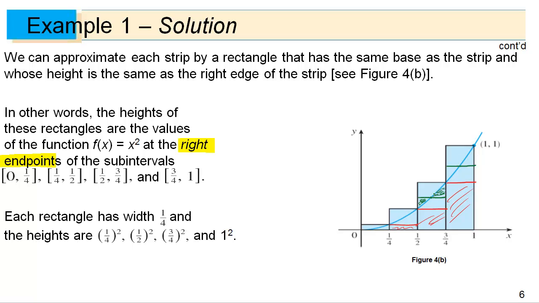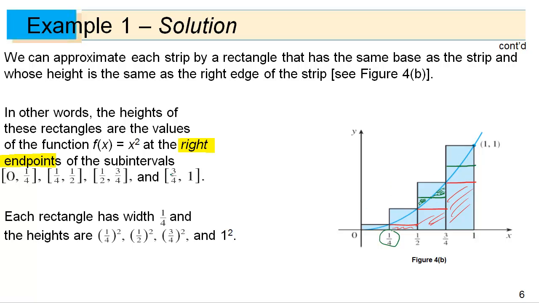So we'll stick with the simple one for now, and we'll look at what happens with right endpoints and left endpoints. So this right endpoint one, if we wanted to calculate those heights so that we could calculate those areas, it's just going to be the function evaluated at these points. This first rectangle has a base of 1/4 and a height of f of 1/4.